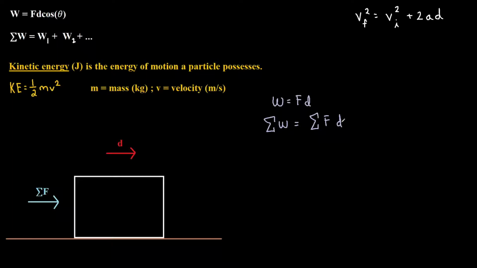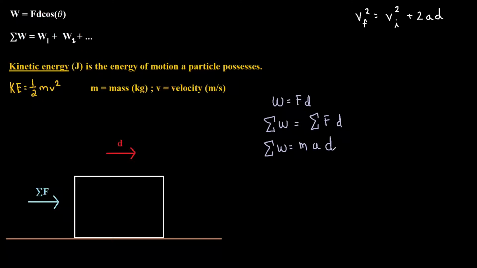Now, if you remember from Unit 3, we learned that Newton's second law states that the net force is equal to the mass times the acceleration. So we can use this concept and plug in mass times acceleration for the net force. So we will get the net work is equal to the mass times the acceleration times the displacement.